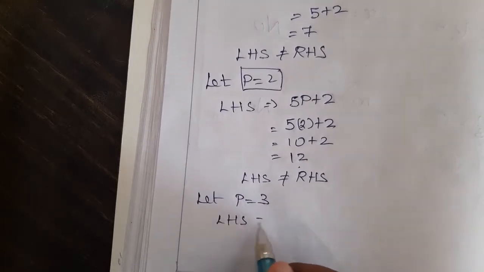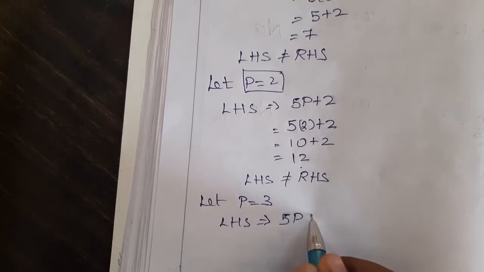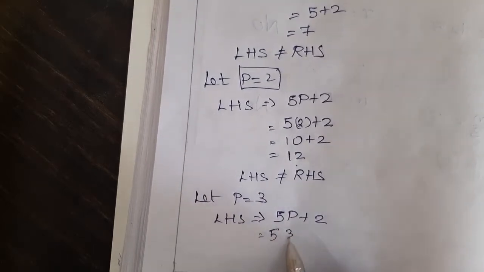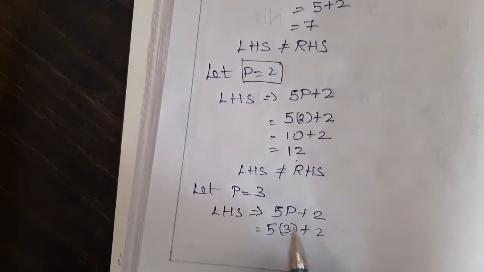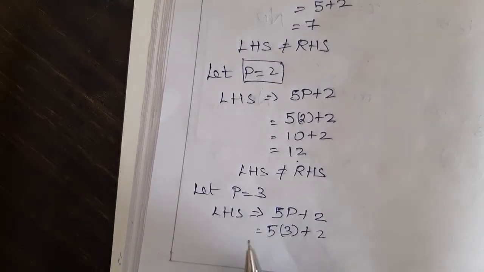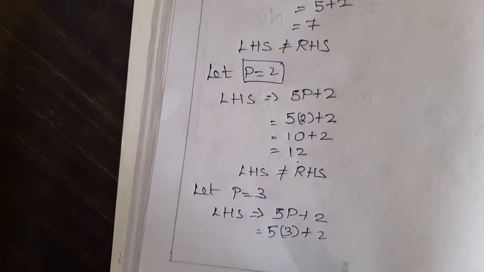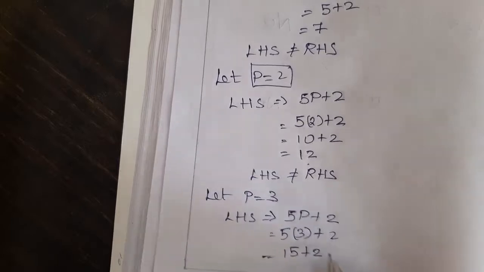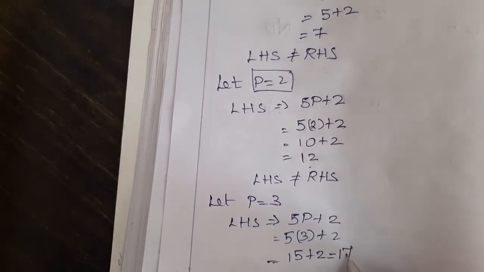So the given LHS is 5p plus 2. So 5 into 3 plus 2. 5p means 5 into p, that is 5 into 3. Instead of putting a multiplication sign, I just put a bracket. A bracket also means multiplication. So 5 3s are 15, plus 2. We obtained 17, right?